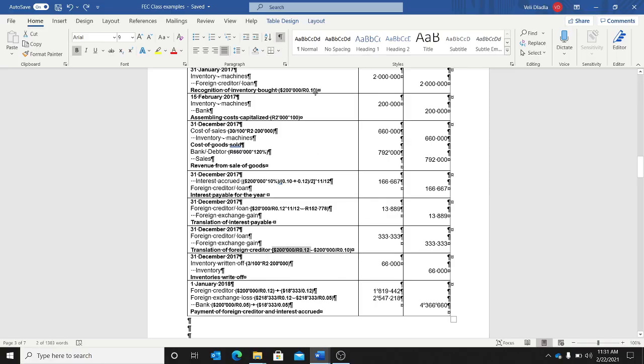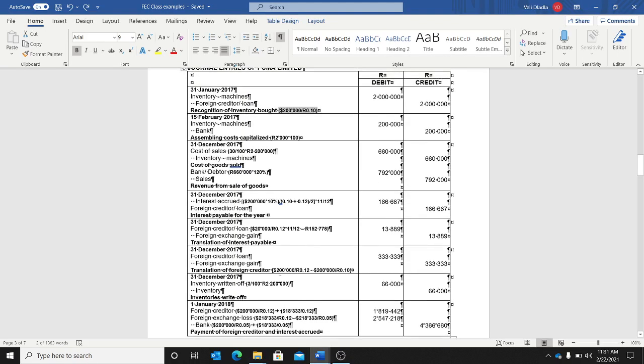But you raised it here at the beginning at 0.10. So you are gaining, because now let's try and translate this thing. How much is 200,000 at 0.12? Right, 200,000 divided by 0.12. It's 166,667.